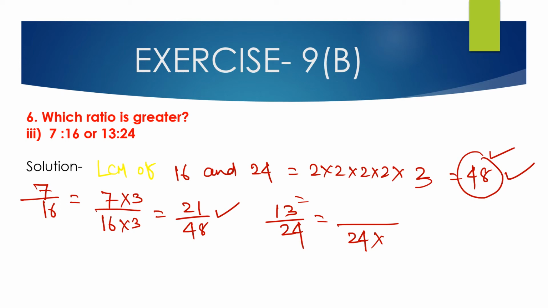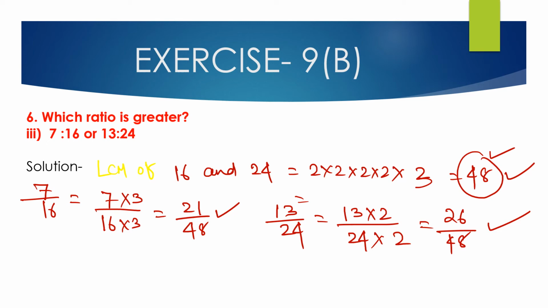In the table of 24, multiplying the number 2 with 24, we get 48. So we have to multiply the same number 2 with the antecedent 13. So 13 multiplied by 2 is 26. Now 26 divided by 48 is the equivalent ratio of 13 divided by 24.